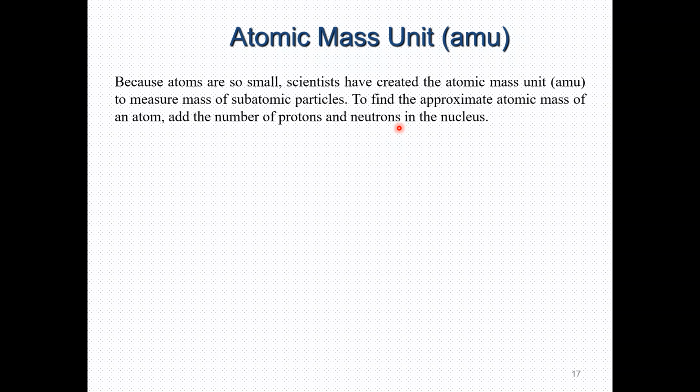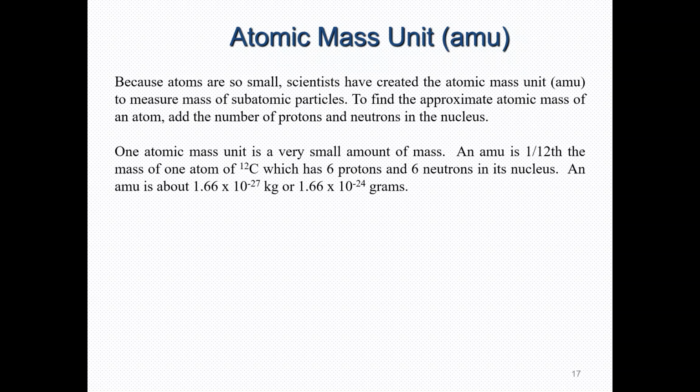So in this terminology, when we are asked what is meant by atomic mass, the atomic mass is normally the number of protons and neutrons in a nucleus. Scientists ignore the mass of the electrons when considering the atomic mass of an element, and the reason is that the mass of the electrons is negligible compared to the mass of the proton and neutron in a nucleus.